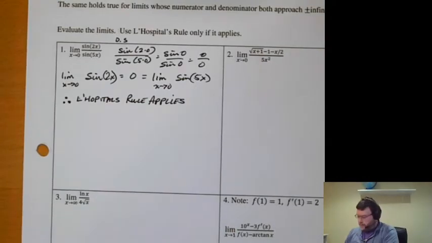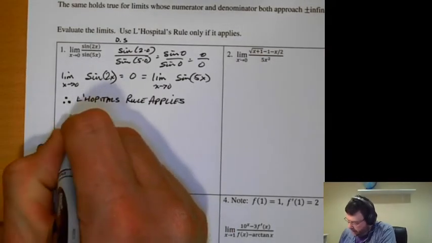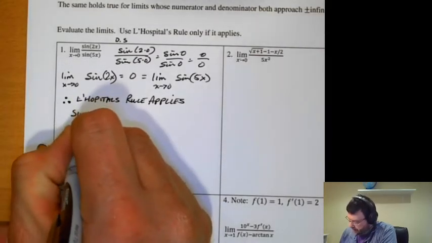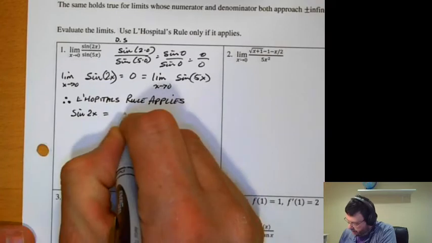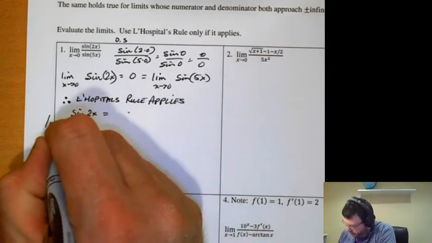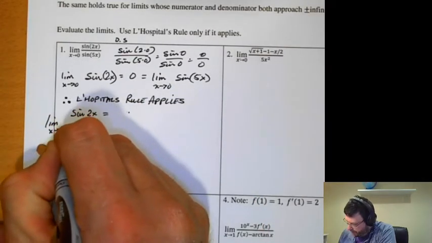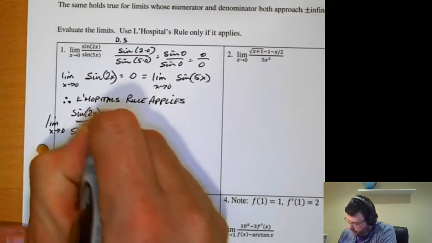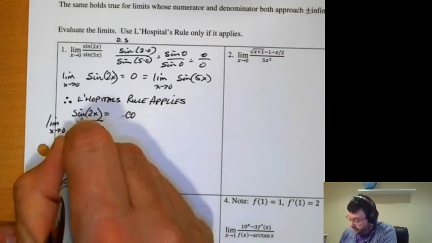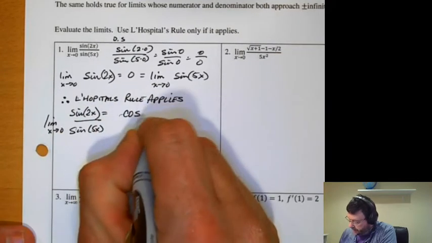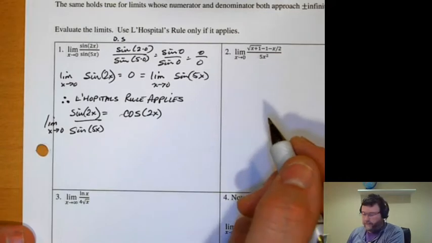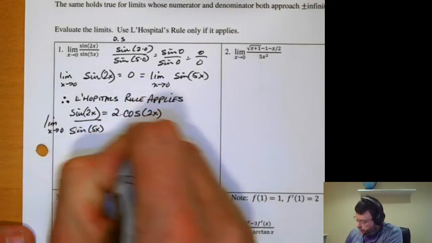Since L'Hopital's rule applies, we can therefore take the derivative of the numerator. So sine of 2x is going to be the limit as x approaches 0. Always write out as much as you can. So the derivative of the outside, we have to use chain rule. Derivative of the outside is cosine, keep the inside, and then multiply by the derivative of the inside, which is 2.